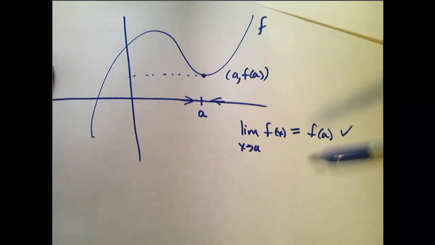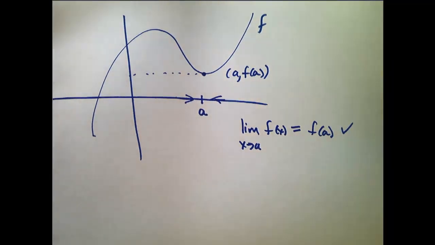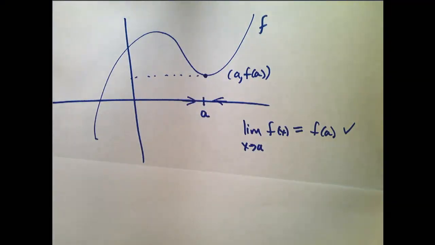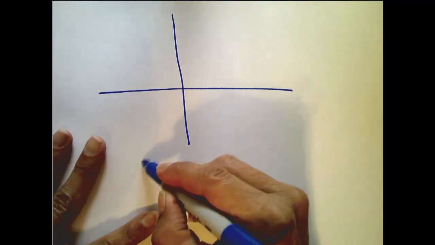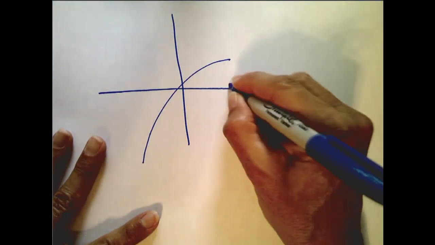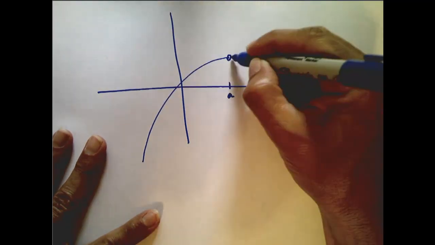One of the best ways to understand a definition is to see cases where the definition does not hold. So let's see, if one of these conditions is not met, how that affects what the graph of our function might look like. Let's violate condition 1, f of a is defined. So let's assume at a it's not even defined. So I'm going to have a hole in the graph there.